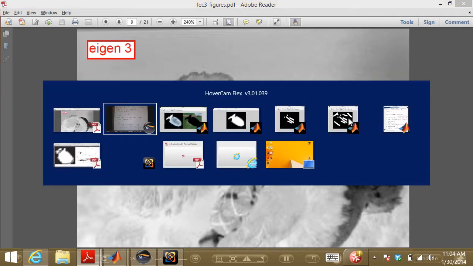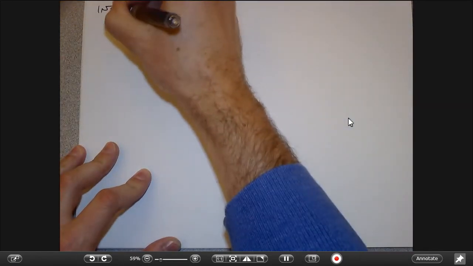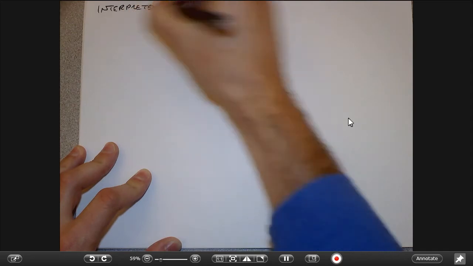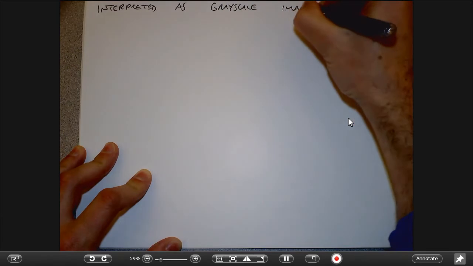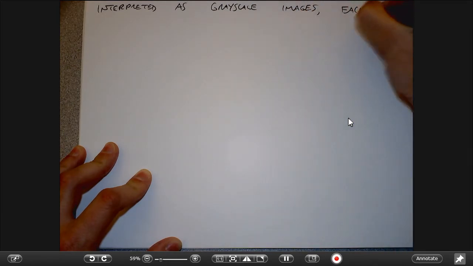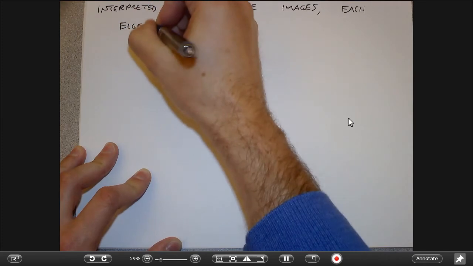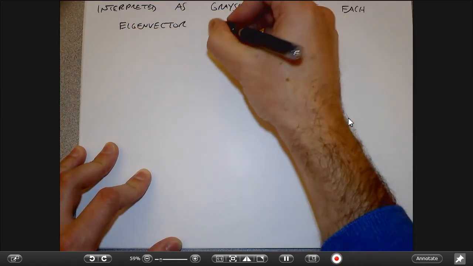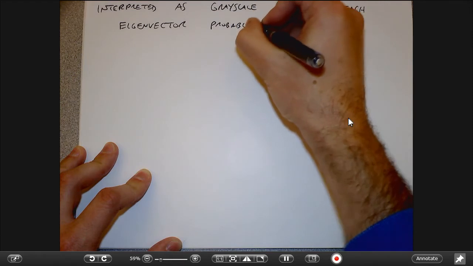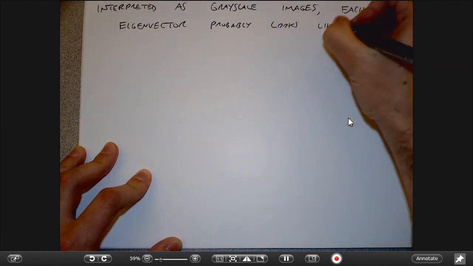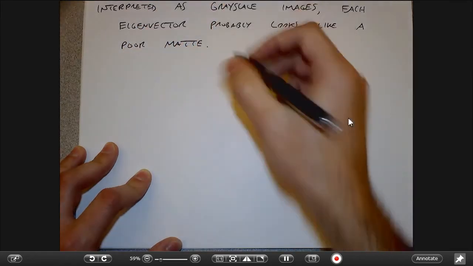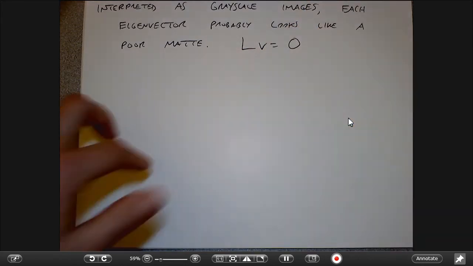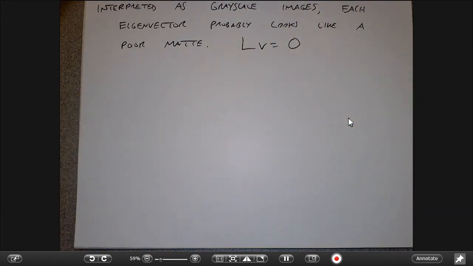Let me restate that: interpreted as grayscale images, each eigenvector probably looks like a poorer matte. Even though I may have a V that satisfies this, when I look at it, it could be a crappy looking matte.